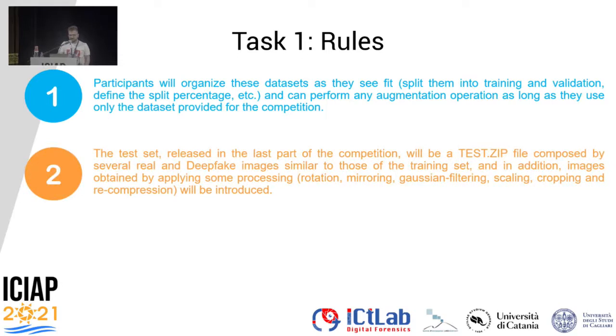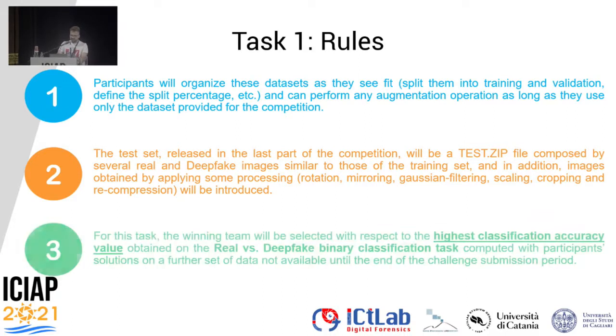The second rule: the test set released at the end of the competition will be a zip file composed of several real and deepfake images, similar to those of the training data, and in addition, images obtained by applying some processing operations like rotation, Gaussian filter, JPEG compression, and others.